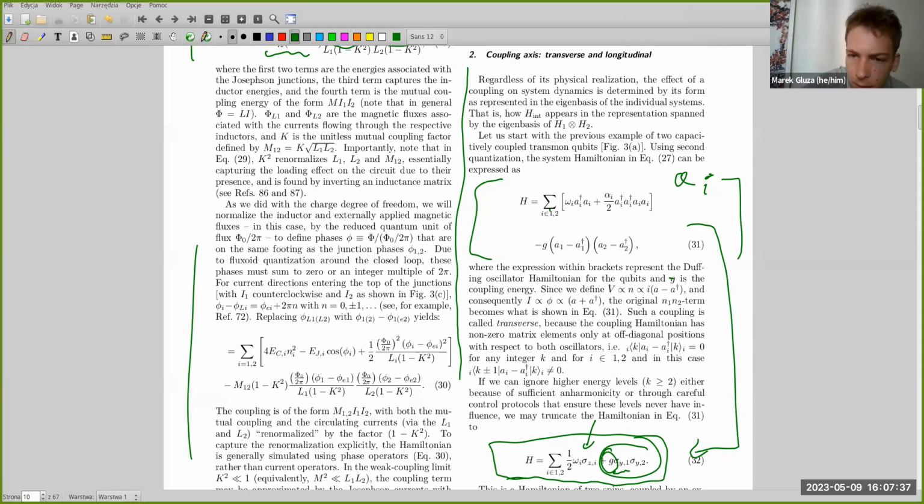Maybe I should still talk about this. Even though this has an interpretation of maybe some charge number, we have the commutation relation of n and flux, which is bosonic.